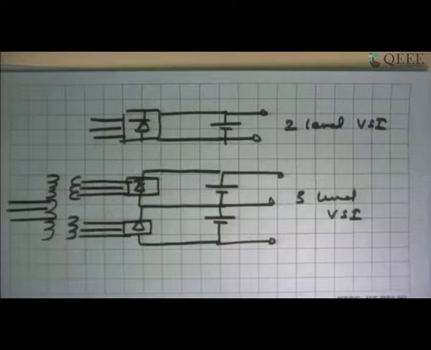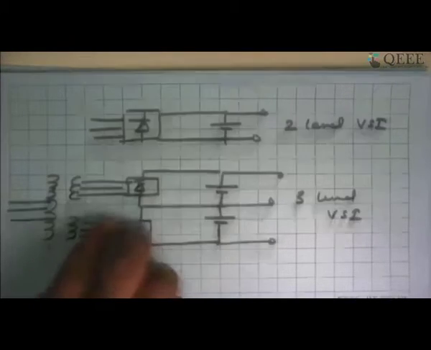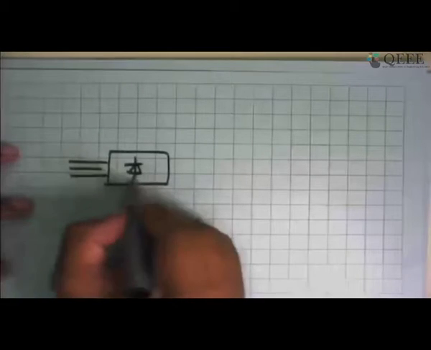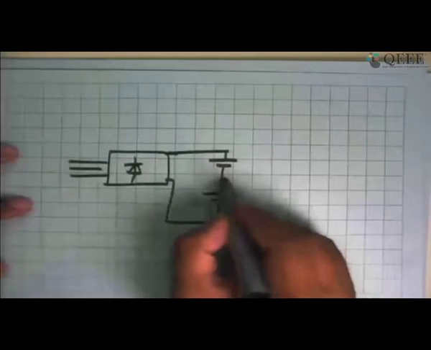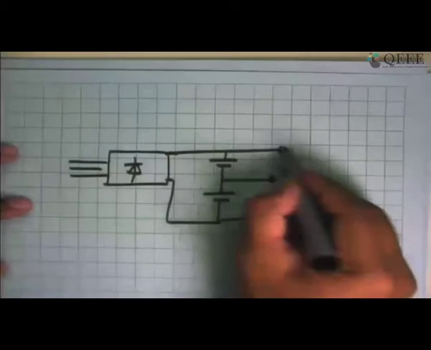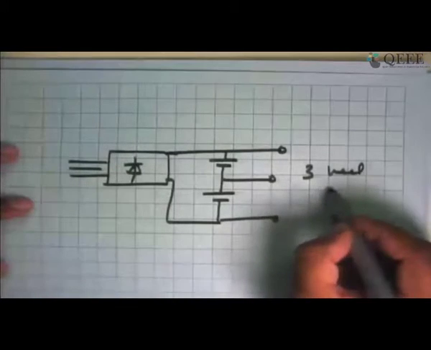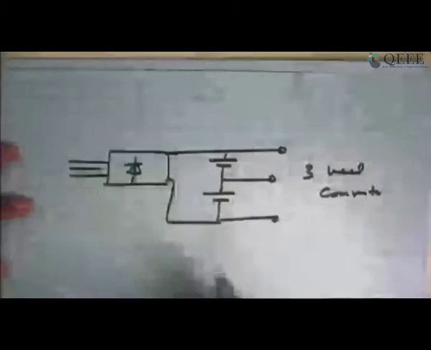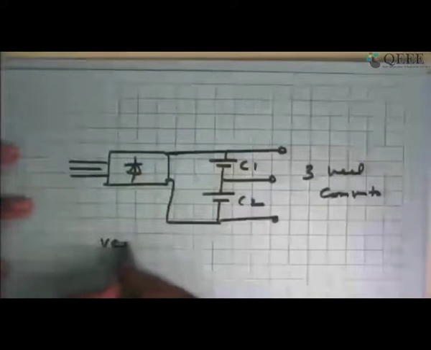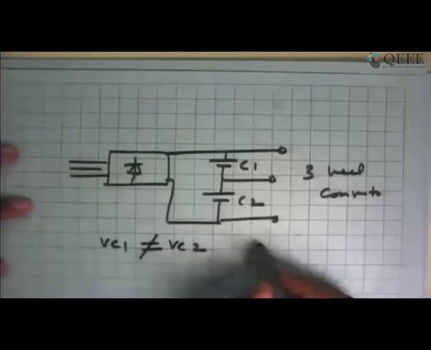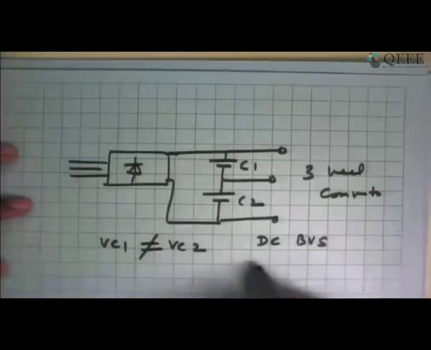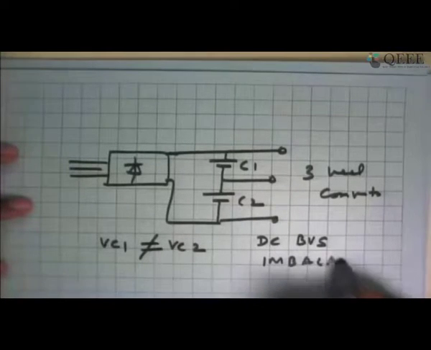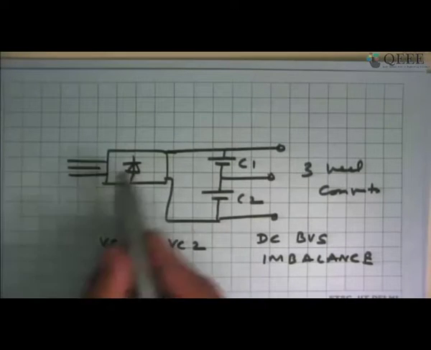So this level of complexity increases. And if you use a common DC link, so you need to have a separate DC link.